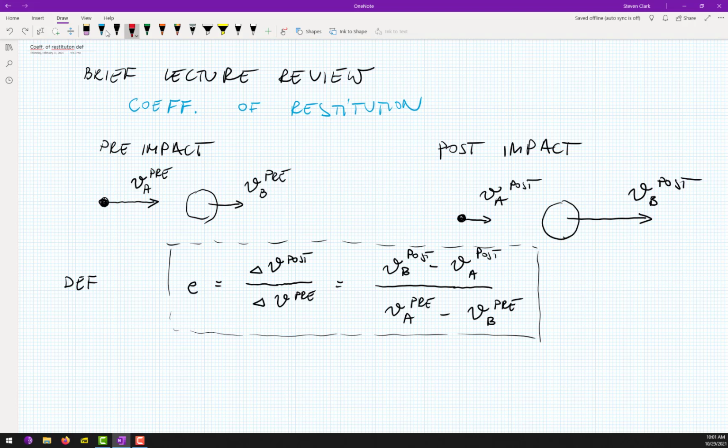Then yes. However, as you know, I solve problems in magnitudes. If I know for sure that pre-impact this guy points this way, I'm going to go for this expression. And usually we know what happens pre-impact. This is a great question actually, because usually what I assume post-impact is this situation.